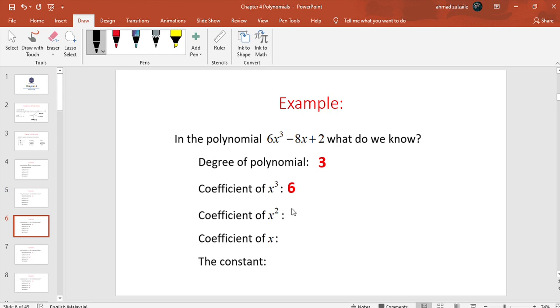The coefficient for x squared, is there any x squared over here? No, so the answer must be 0. The coefficient for x is negative 8, and the constant, meaning the coefficient for x power 0, right? x power 0 is 1, by the way, so the answer is 2. Okay, so this is how we identify the type of polynomial that we have.